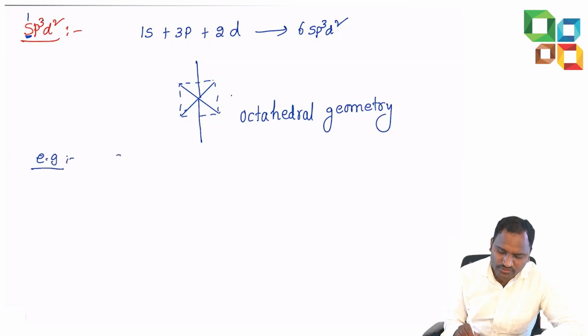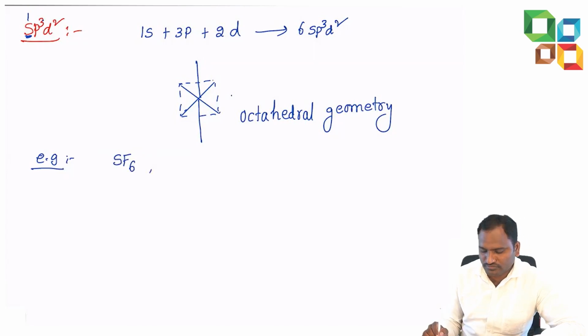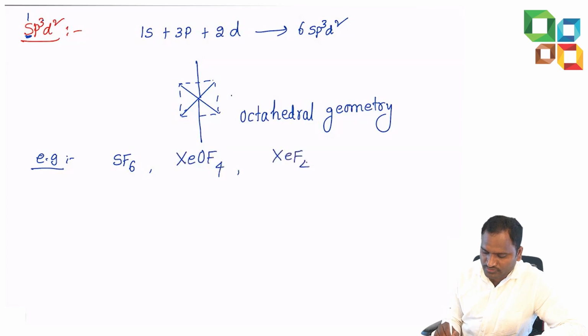Examples of octahedral geometry, sp3d2 hybridized molecules: SF6, XeF6, XeOF4, XeF4 also.